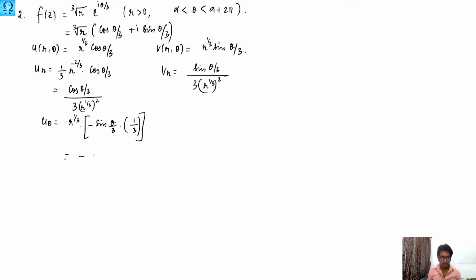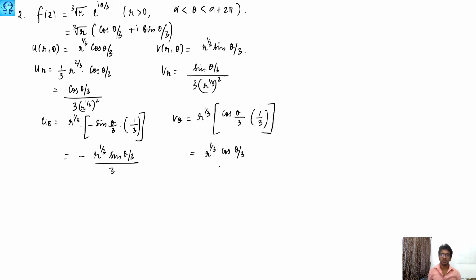So this becomes minus r to the power 1 upon 3 sine theta upon 3 divided by 3, and your v_theta would be r to the power 1 upon 3, and this is cosine theta upon 3 multiplied with 1 upon 3. So this becomes r to the power 1 upon 3 cosine theta upon 3 divided by 3. Now let us check the Cauchy Riemann equations. That is r u_r.